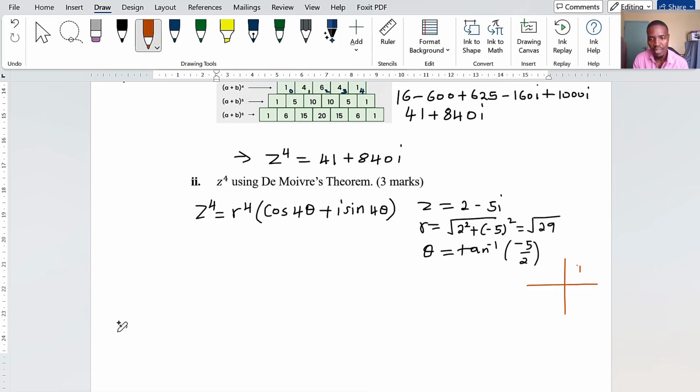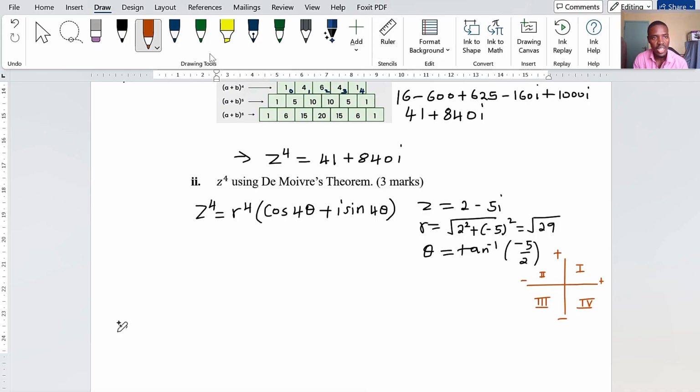We have quadrant 1, quadrant 2, then quadrant 3, and then quadrant 4. When I look at this, this is positive, this is positive, this is negative, and this is negative. So it falls where x is positive and y is negative. So it is in the 4th quadrant.